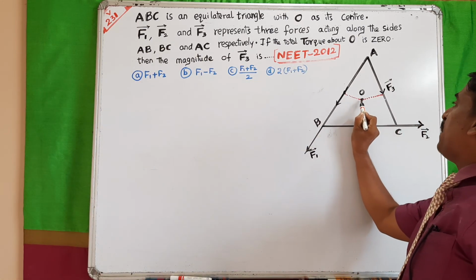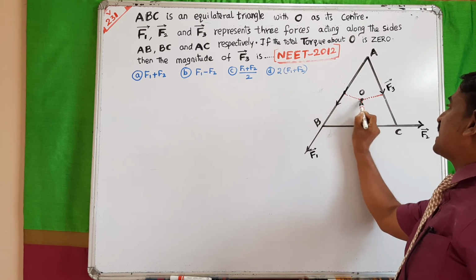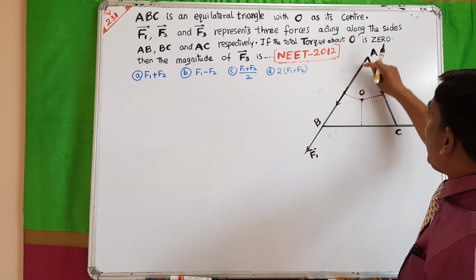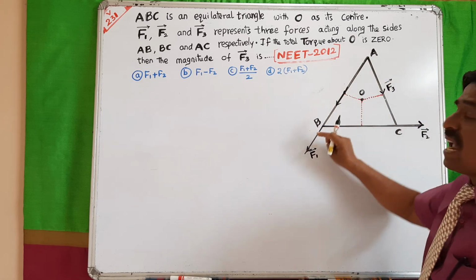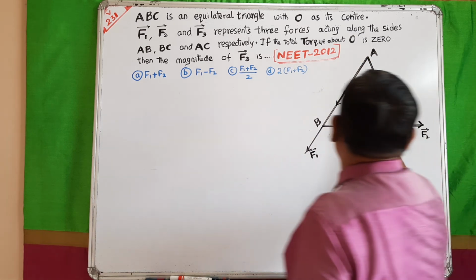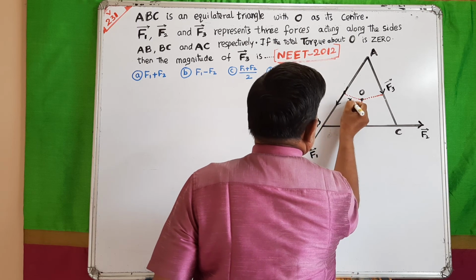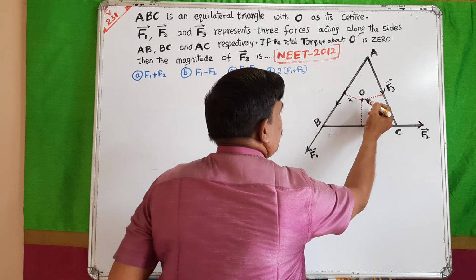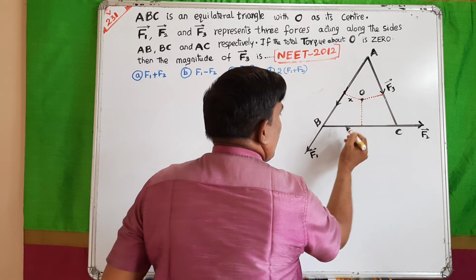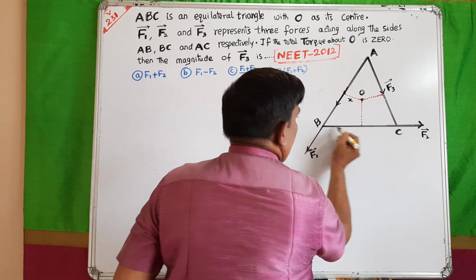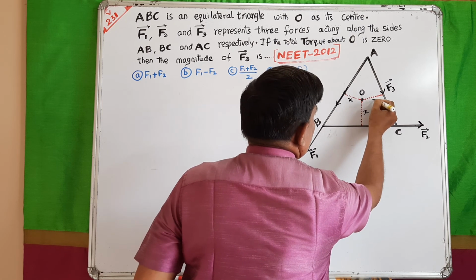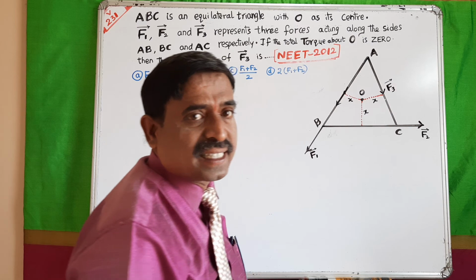This is the perpendicular distance between the center of the triangle and the side of the triangle ABC. This distance I am taking as x. This distance also x, this distance also x.